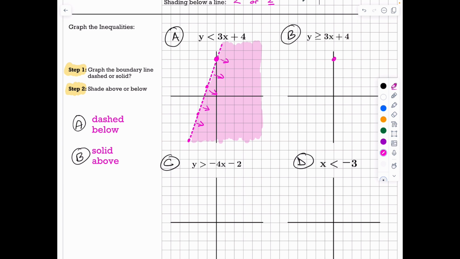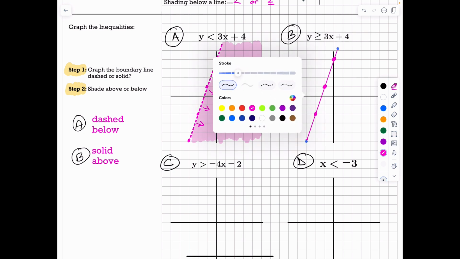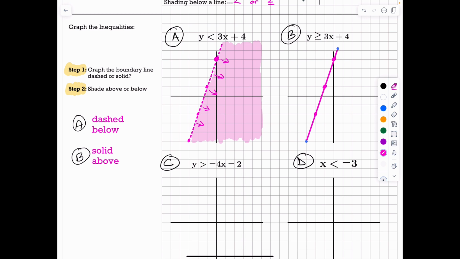The boundary line for A and B is the same. Check that out. It has the same y-intercept. It has the same slope. However, this one is going to be solid. Make that a little thicker. And then I'm going to shade above it.